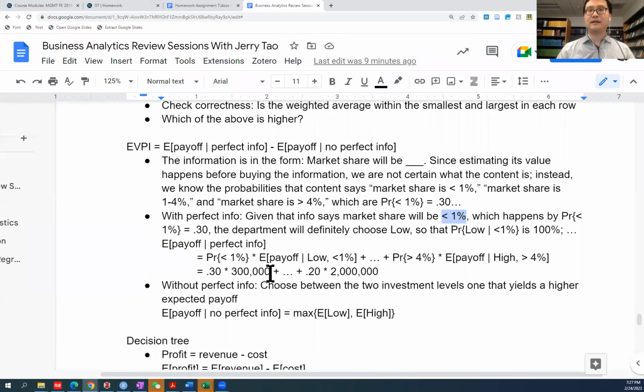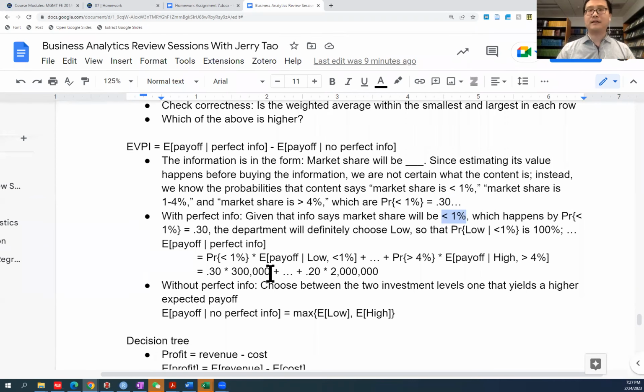But here, the next step is different. If the packet says the market share is larger than 4%, then we would choose high. That's why this decision making is different from not getting the information.